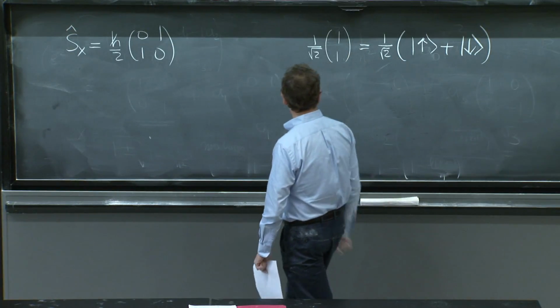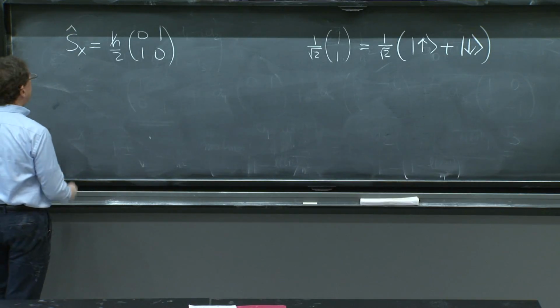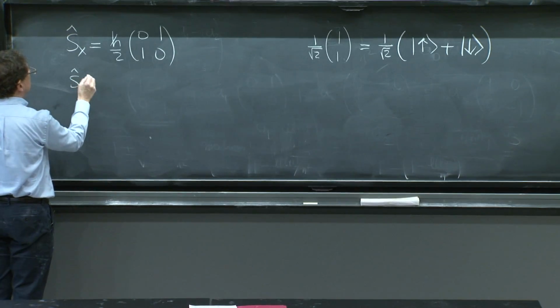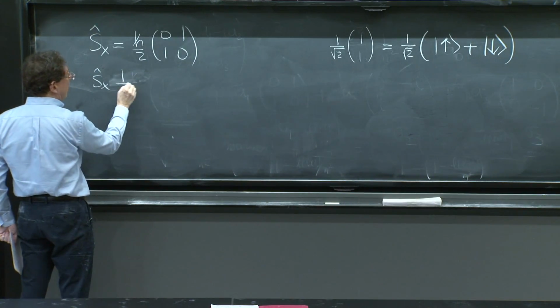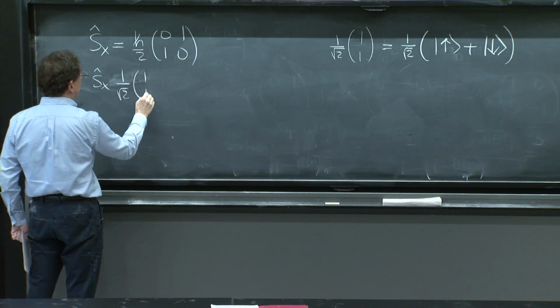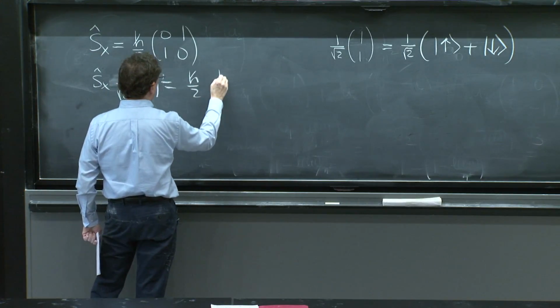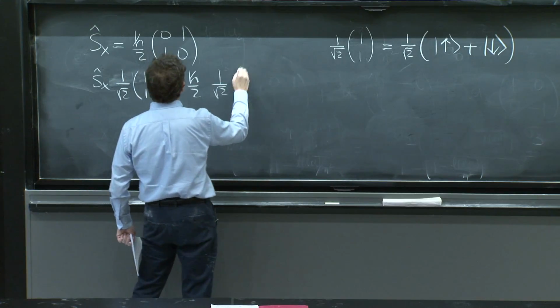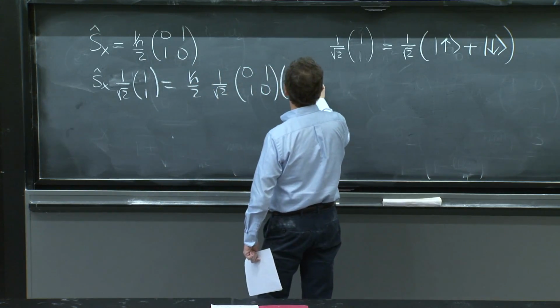That's what this vector is. But let's see what Sx does on it. Sx is h bar over 2 times the matrix (0, 1; 1, 0) acting on 1 over square root of 2 times (1, 1).